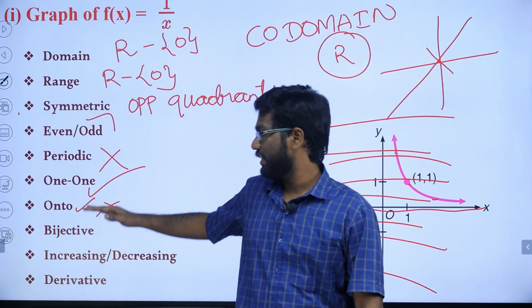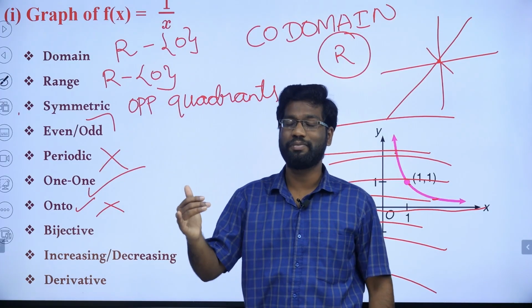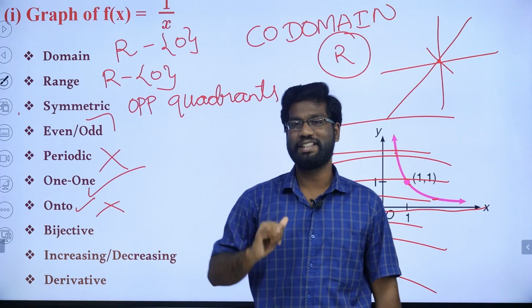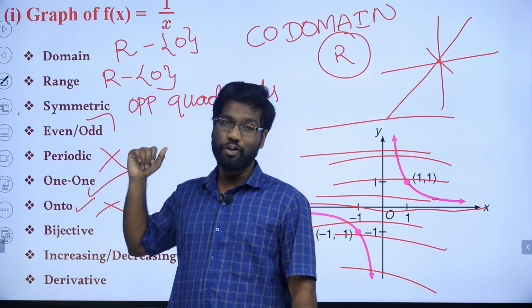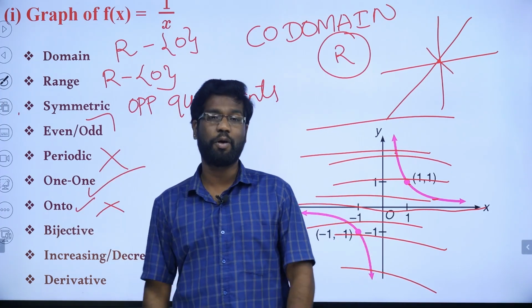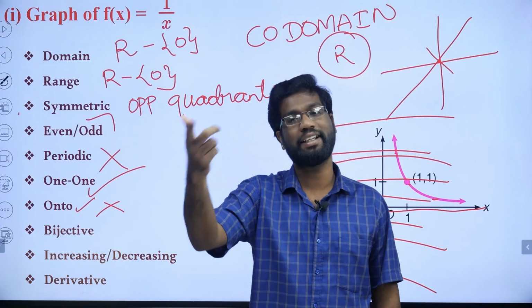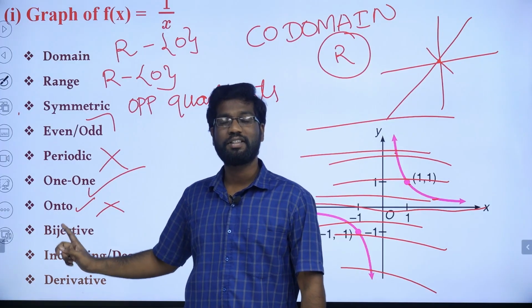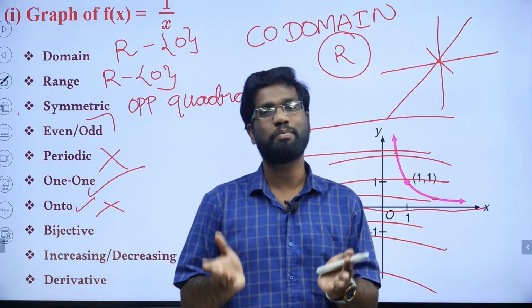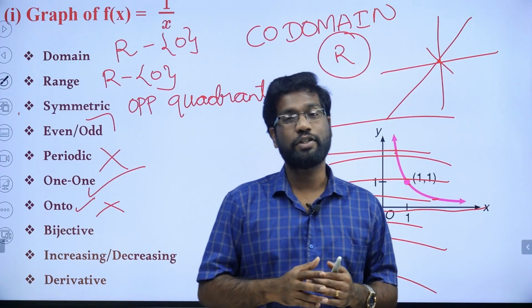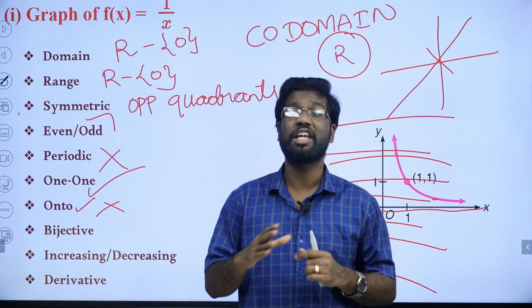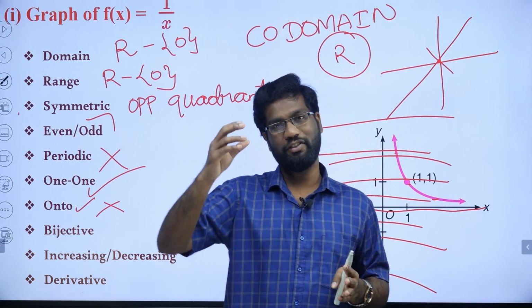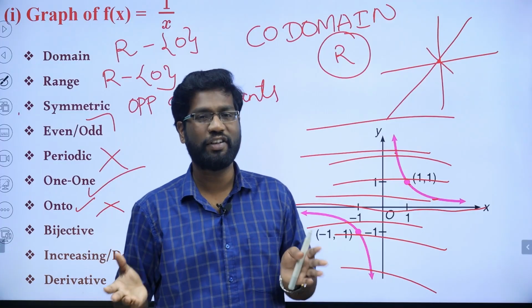If it is one-to-one, some properties it will satisfy. Like that, an onto function also will satisfy some properties in calculus, so that you can directly solve it. Here only the properties and formulas will make your time very simple, my dear students. Otherwise you will spend so much time on every problem and you yourself lose your confidence, everything.